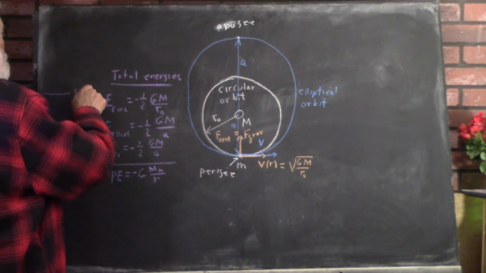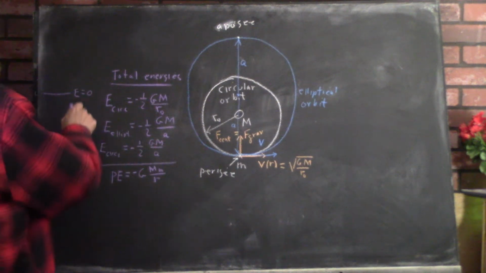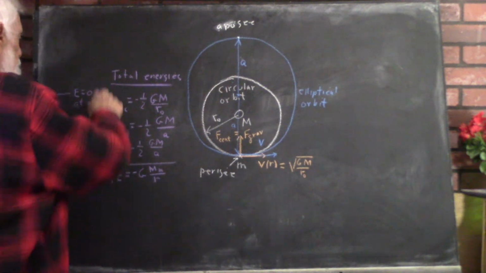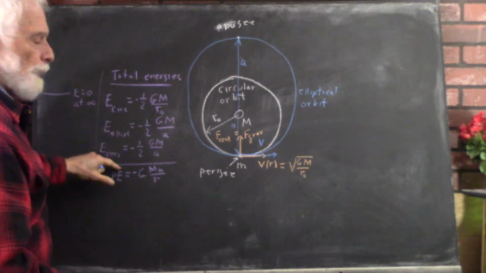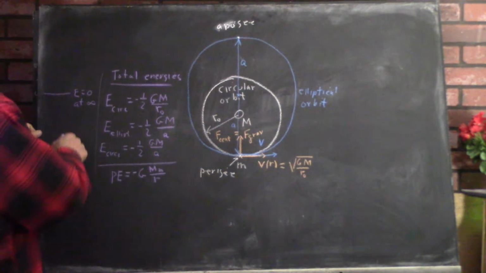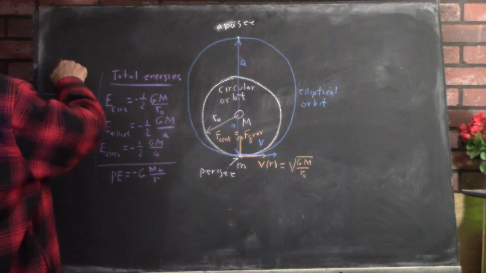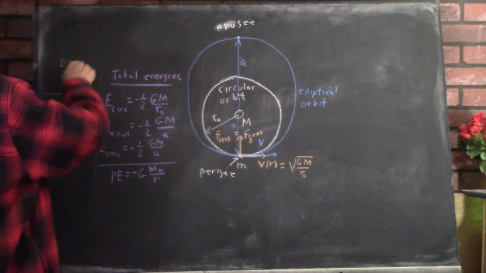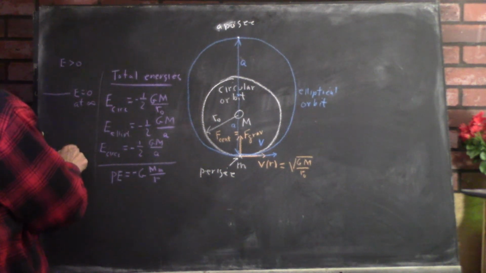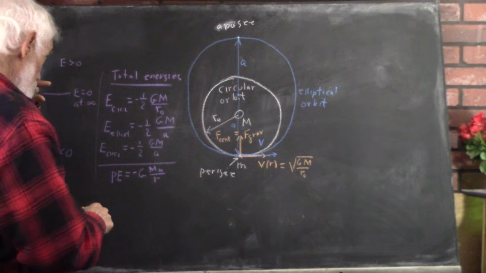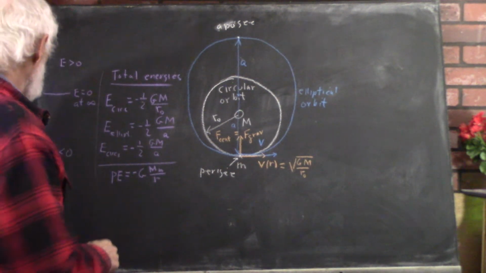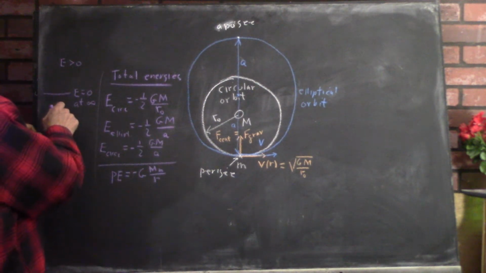Here's energy equals 0. Recall that occurs at infinity because these energies are calculated relative to infinity. E would be greater than 0 up here, and E is less than 0 on this side of the line. Notice that all these total energies are negative.